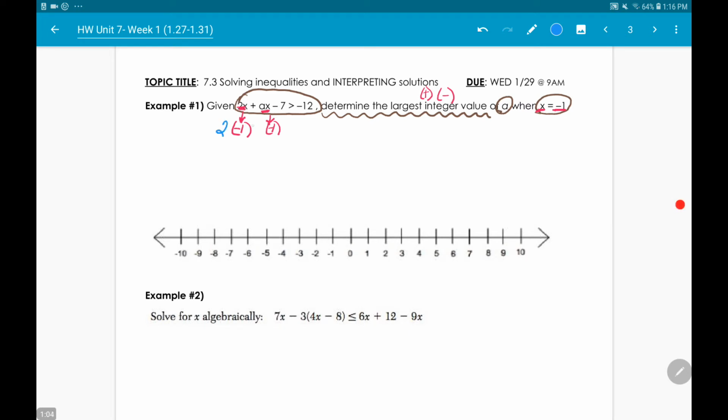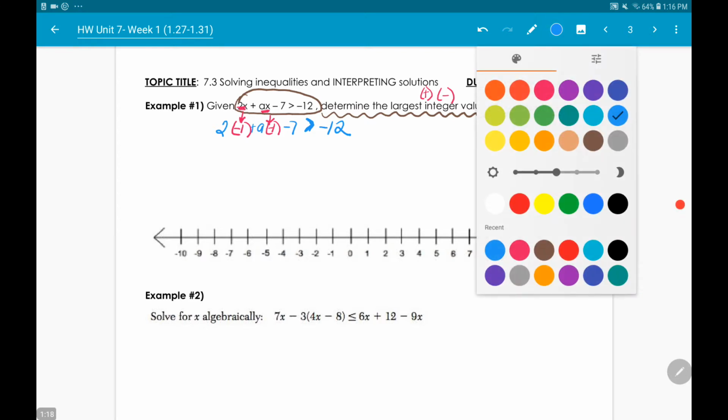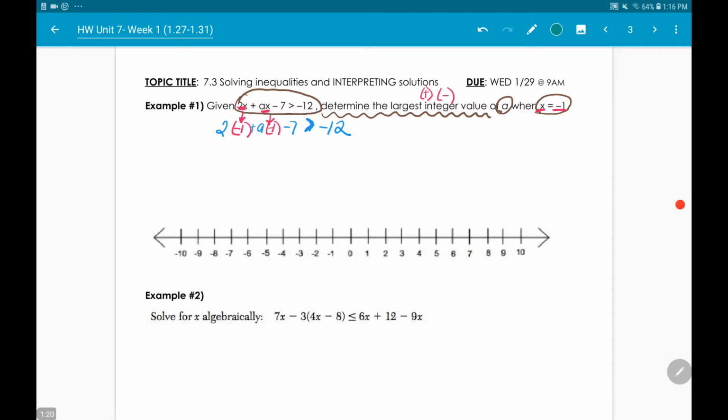Everything else remains the same. So I have 2 plus a minus 7 is greater than negative 12. And now we're going to do just like we've been doing with equations. I'm going to draw a little box around all of this.